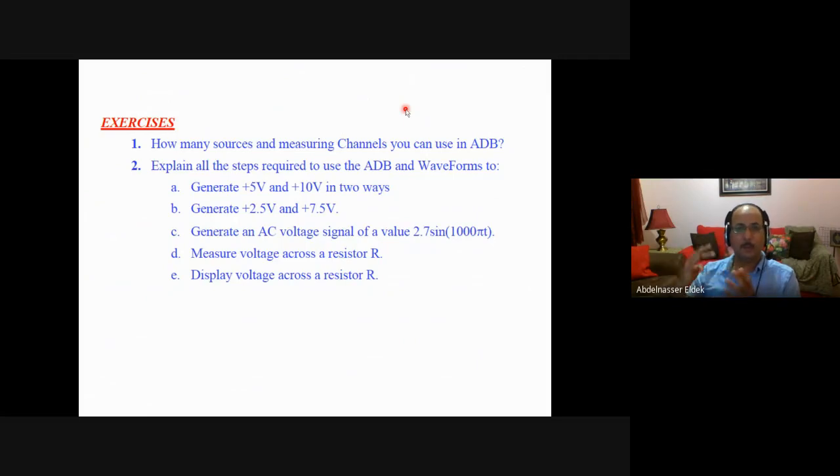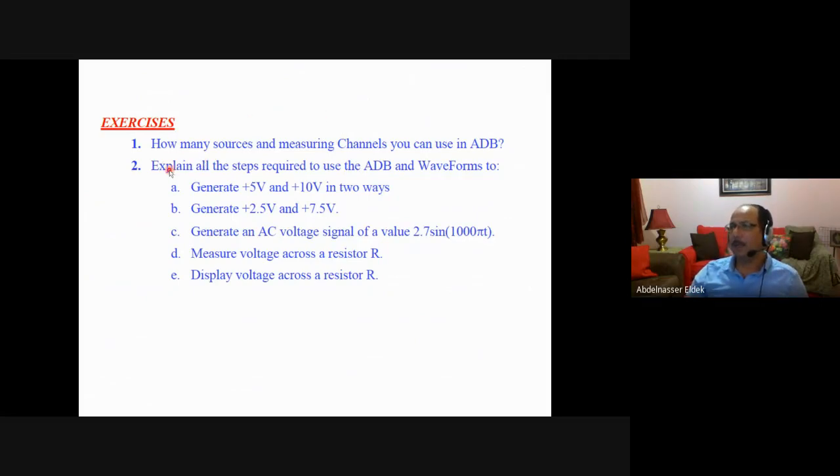Also, you can have red and white, which is 10 volts. You can also use yellow and yellow with white strip. So you have 6 choices. Of course, how many can you use in one circuit? You cannot use all of them, but you have 6 choices here.